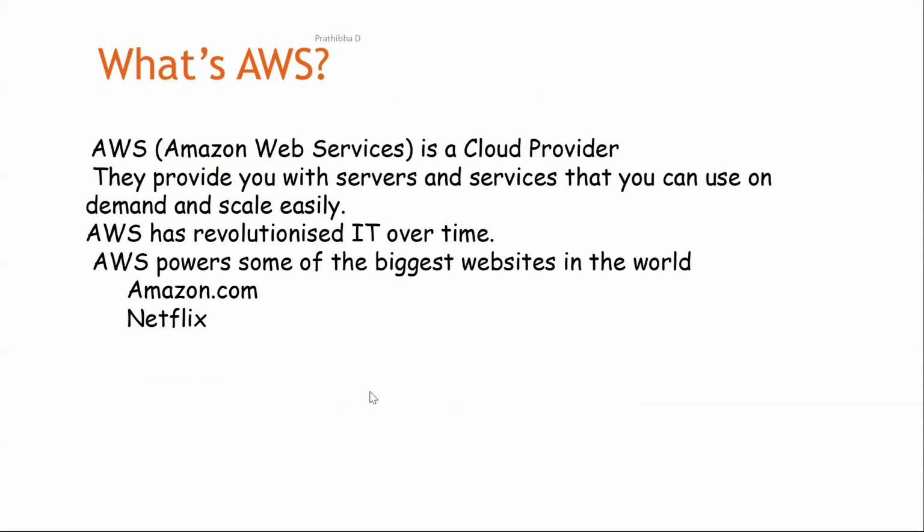Just like you have your Airtel connection for the phone, where you can make calls, send messages, and get different services, in a similar way the cloud service provider provides services like compute, that is infrastructure as a service, database as a service, storage as a service, and networking as a service, with a pay-as-you-go method.